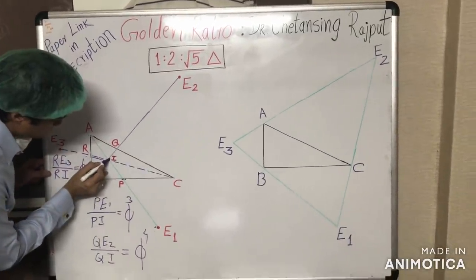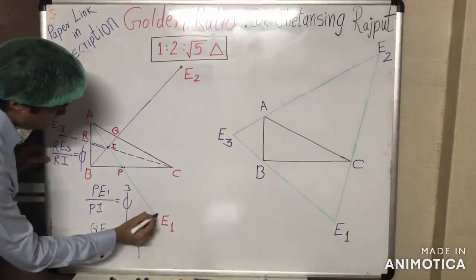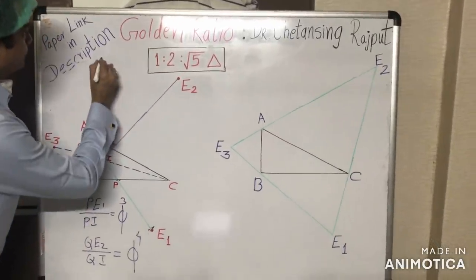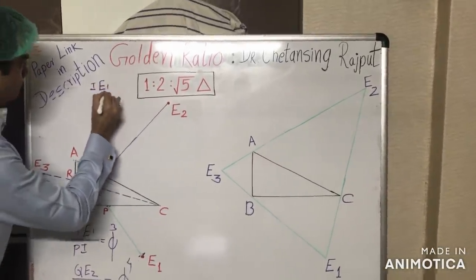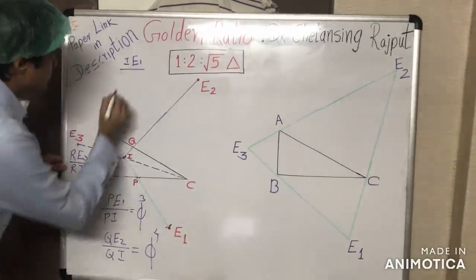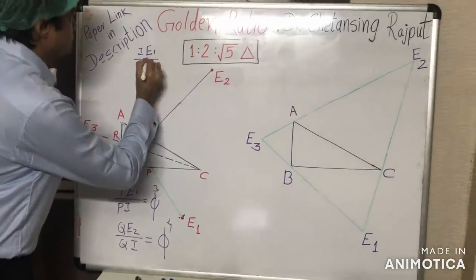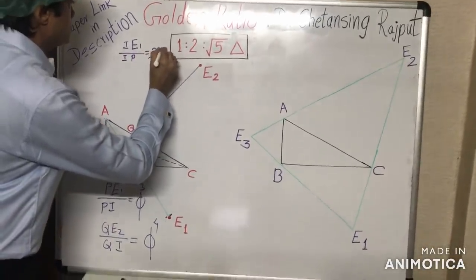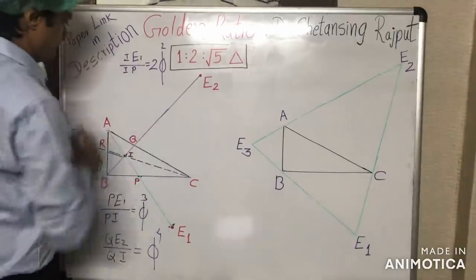Consider this distance between in center and X center, I E1 upon this distance I P. This distance is precisely equal to 2 phi square.